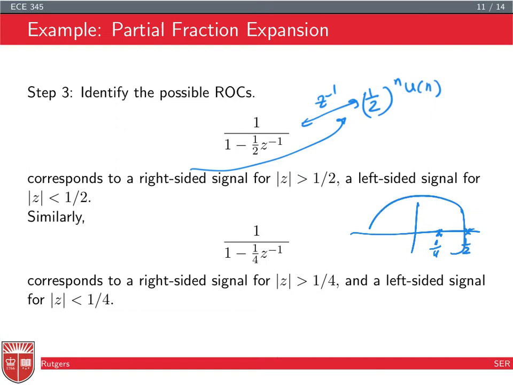And you're going to have the cases where either |z| is greater than 1/2, or |z| is smaller than 1/2, or |z| bigger than 1/4, or |z| smaller than 1/4, maybe.